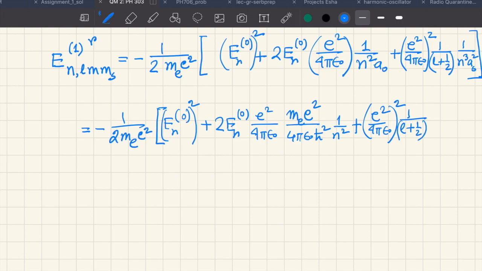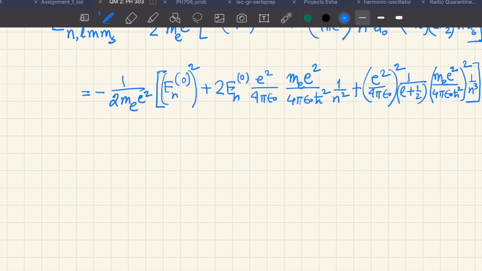Only change here is to replace this 1 by a0 squared by m e e squared divided by 4 pi epsilon naught h bar squared whole squared, and then there is 1 by n cube.